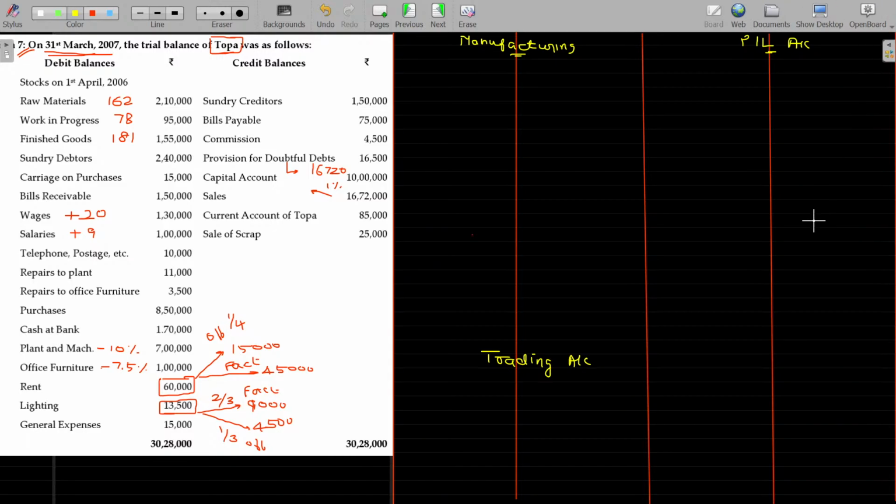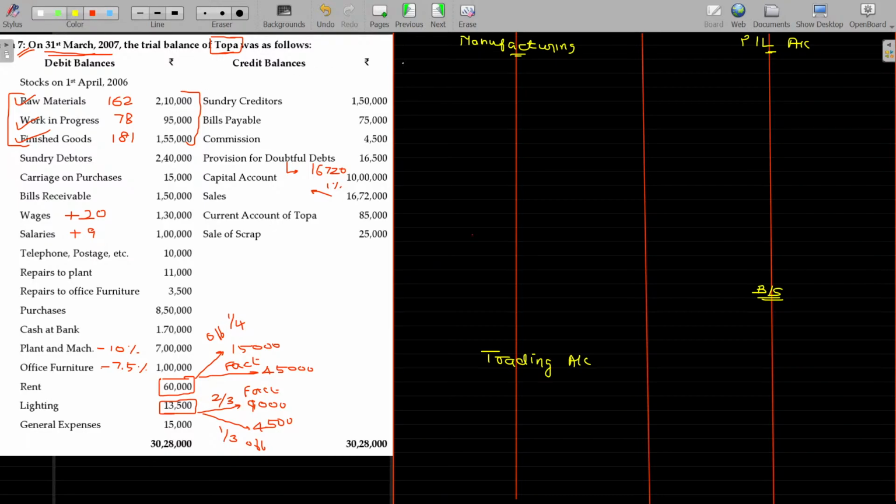Now, balance sheet. We'll finish up posting the stocks here first of all. Raw material, work in progress, finished goods. Among the 3, raw material and work in progress will be posted in the manufacturing account and finished goods will be posted in the trading account. Is that okay?